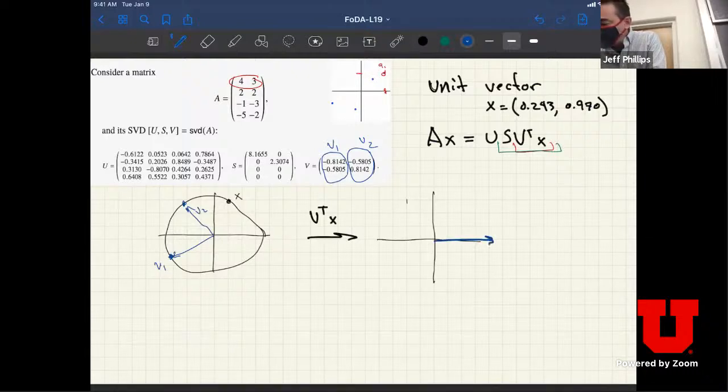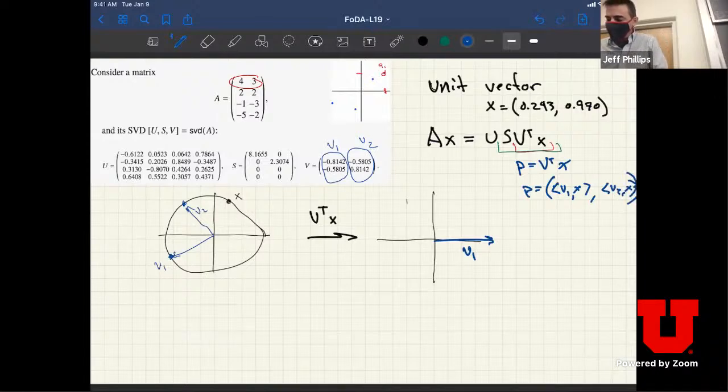I'll say P is V transpose X, where the first coordinate is V1 dot X, and the second coordinate is V2 dot X.